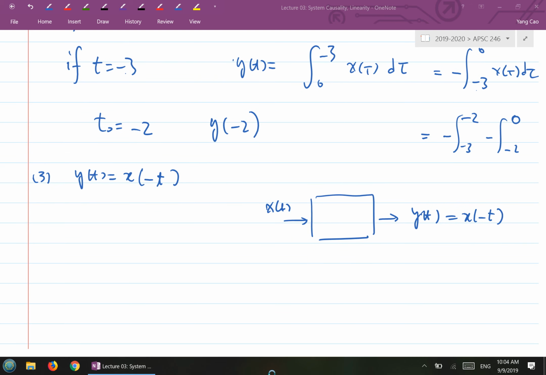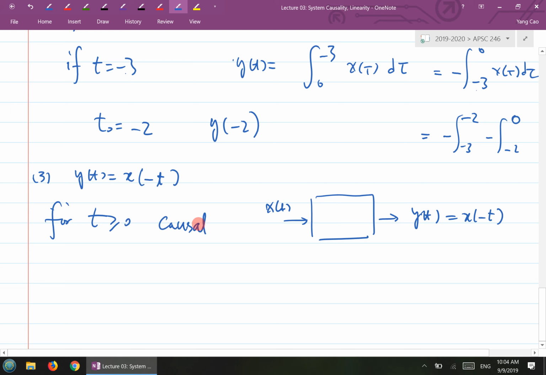Is it causal or non-causal? It depends on the sign of t. So let's say t is greater than 0. Is it causal or non-causal? It's causal. Excellent.